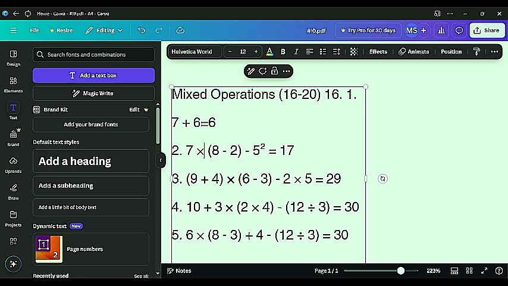7, 6, and then we do this. That's 25, and then multiplication, and let us do multiplication. It's 7 multiplied by 6 is equal to 42. Minus 25 is equal to 16.